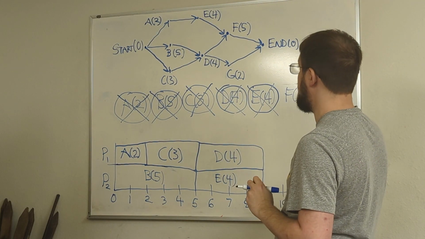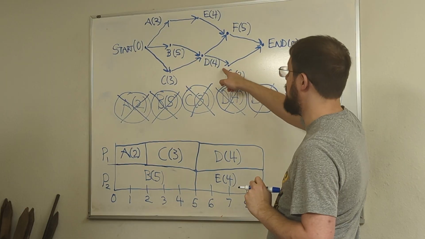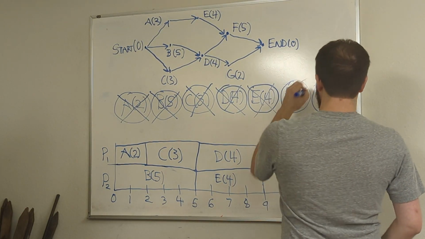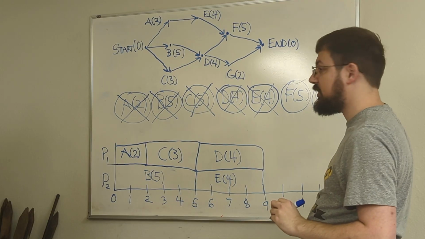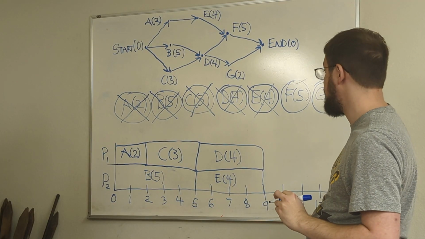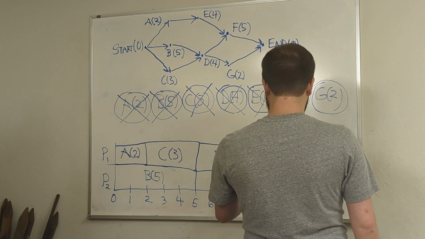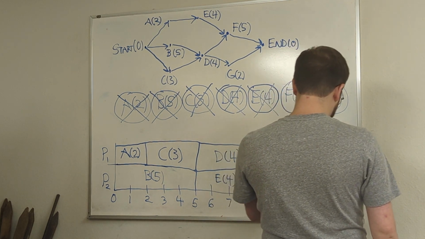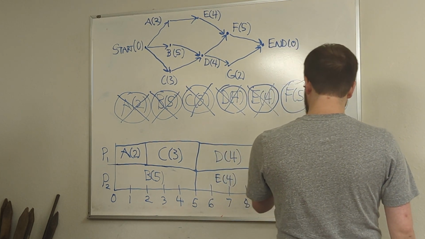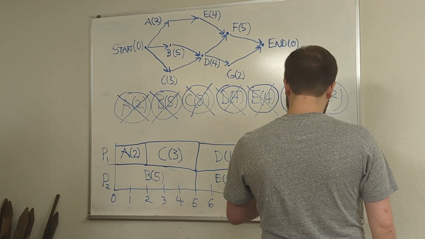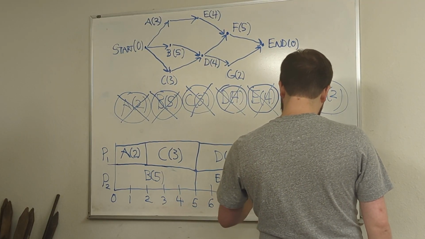Once those two finish, F and G are now both opened up. We circle those, and since we have two open processors, we can assign both of those tasks. F is going to be 5, and G is going to be 2.